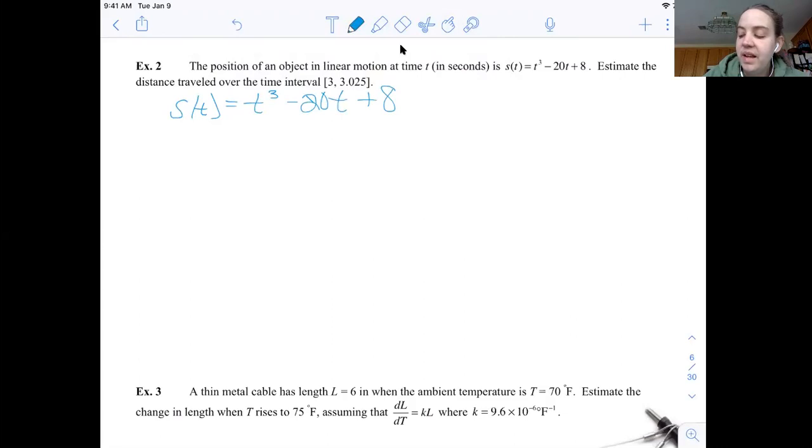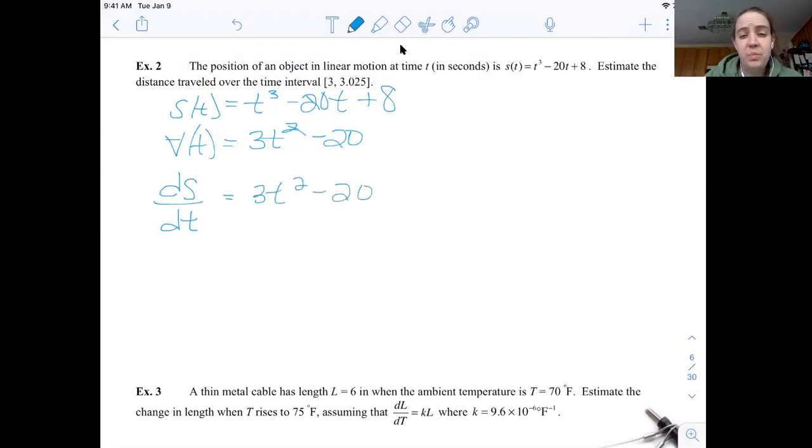So v of t is really 3t squared minus 20. My stylus is not behaving today. Good. So that's our velocity. But another way to write v of t for velocity is the change in position with respect to time, ds/dt, kind of like that implicit differentiation or those related rates we were doing, is 3t squared minus 20.